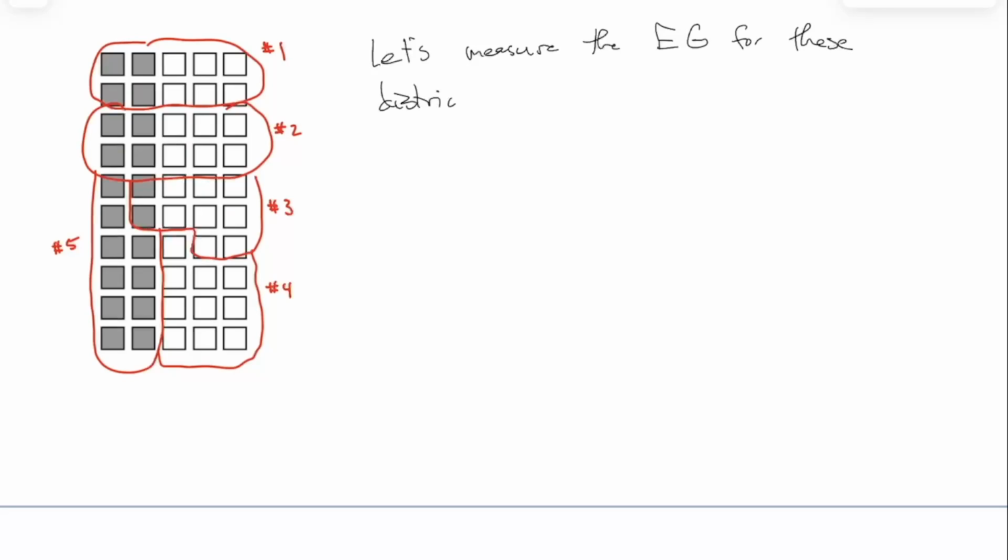This would be like a typical homework problem in this section or a test question. I would show you some districts and say, measure the efficiency gap for these 5 districts. And this will allow you to say, is this being extra fair towards the dark ones or extra fair towards the light ones? Or maybe it's not giving an advantage to either one.